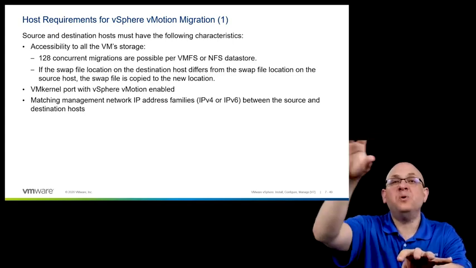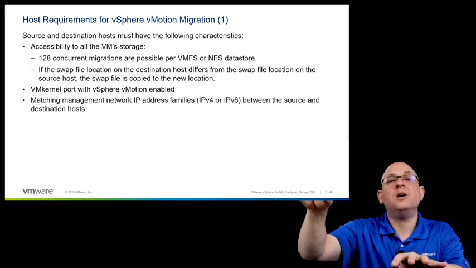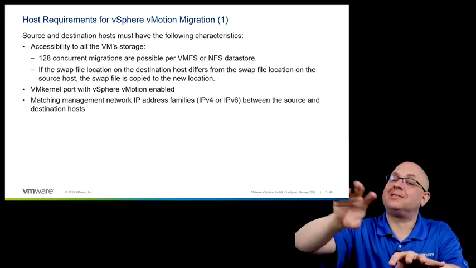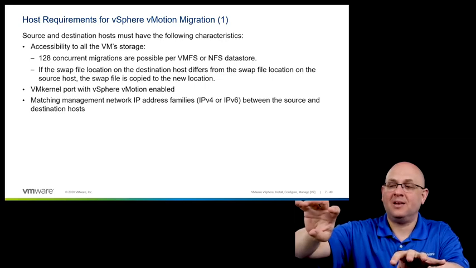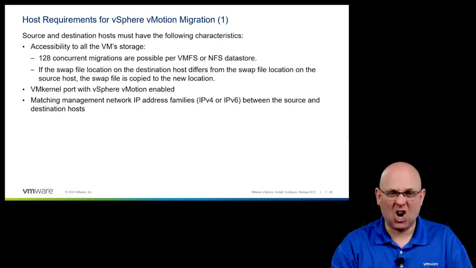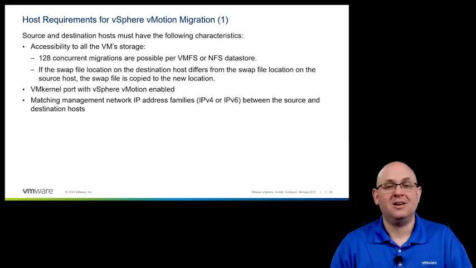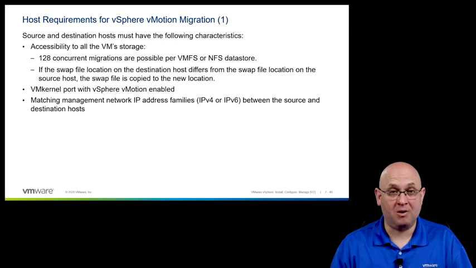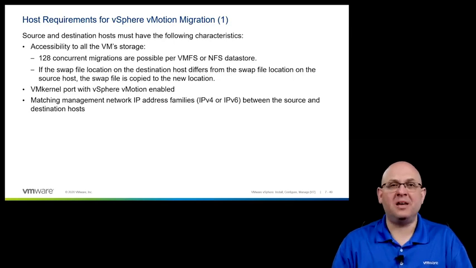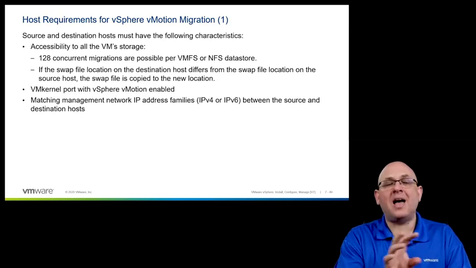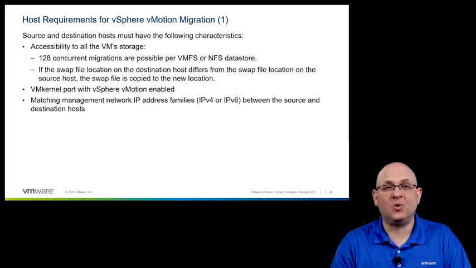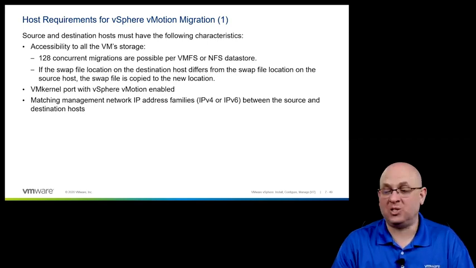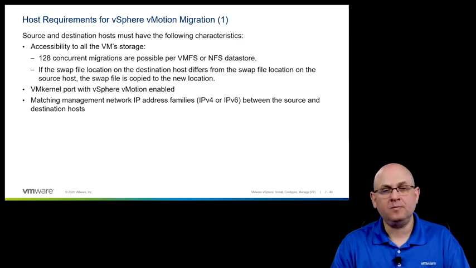And when we moved the VM to another host, we had to switch the locks to the other ESXi host. Now, 128 concurrent migrations, that's a pretty significant number. So just know that there are a few things that are happening relative to the data stores, even though no files are actually being moved.